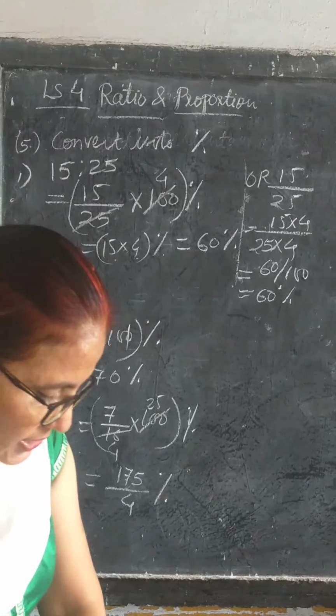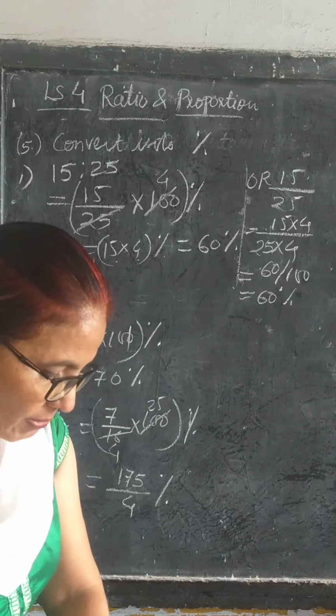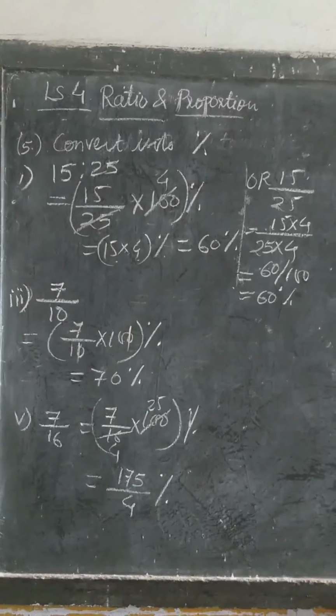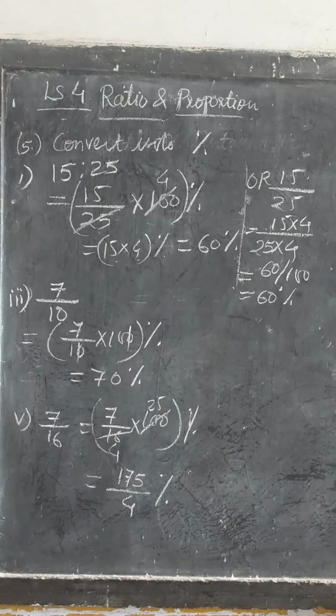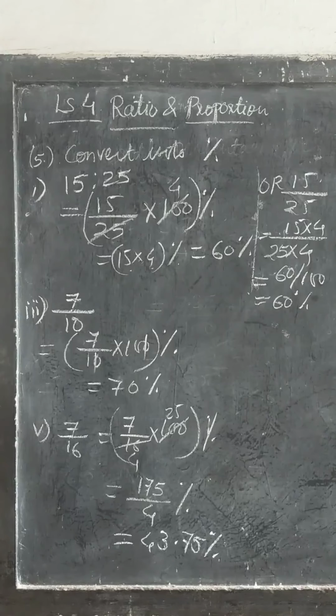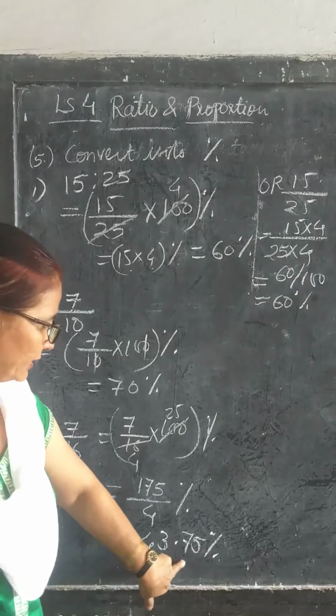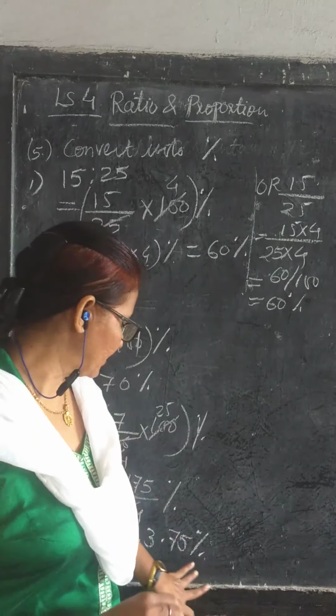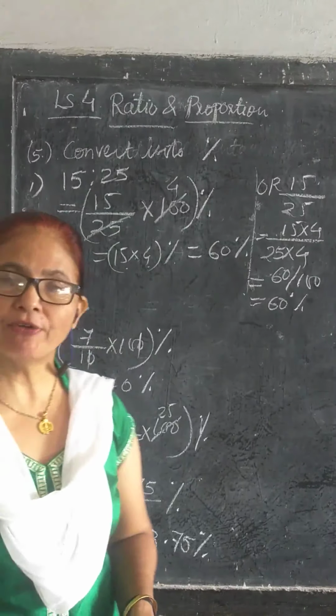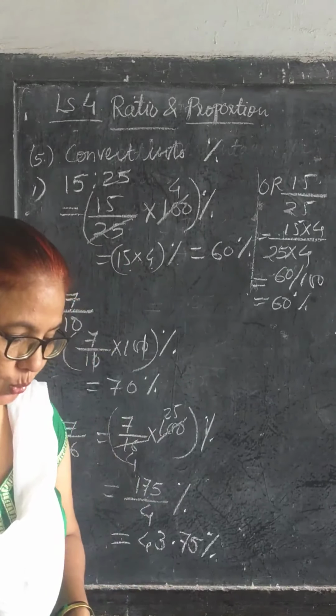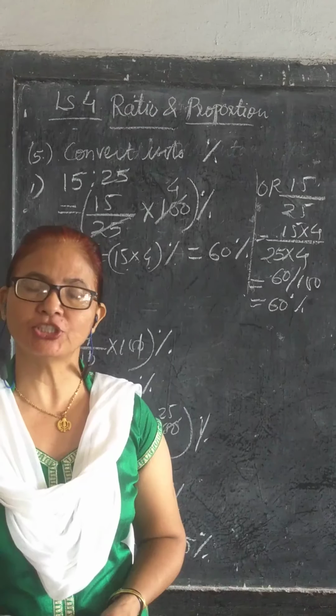Now this 175 you have to divide by 4 and find the percentage in decimal. So it is equal to 43.75%.